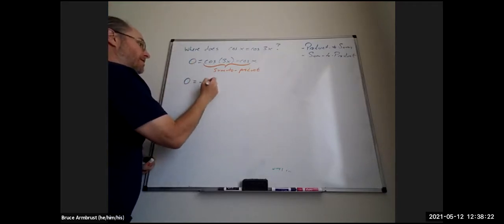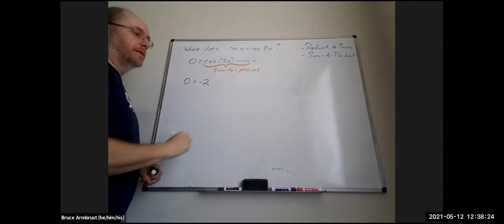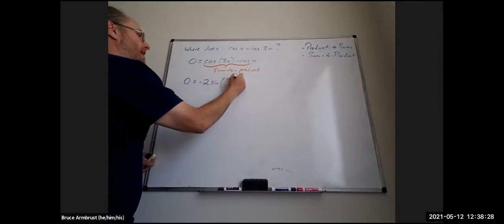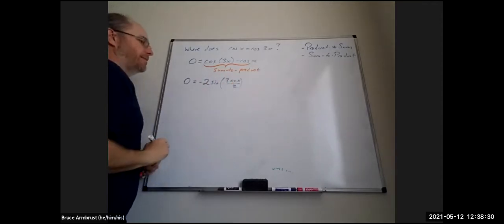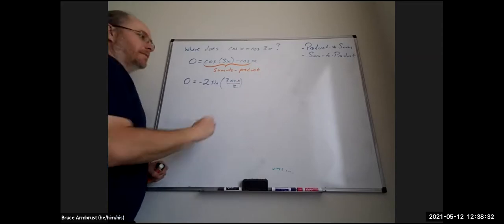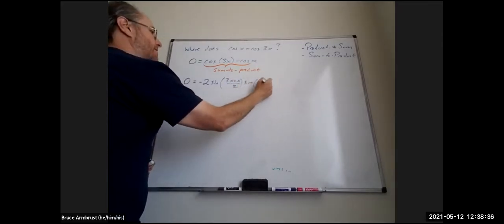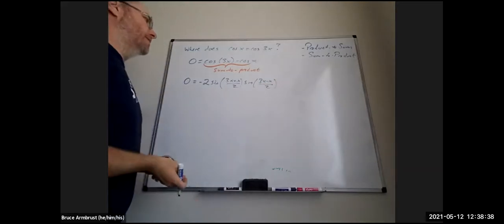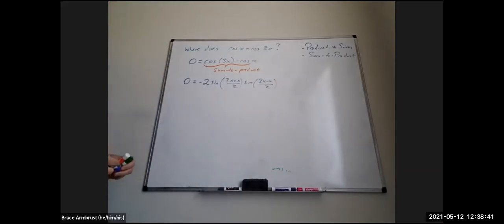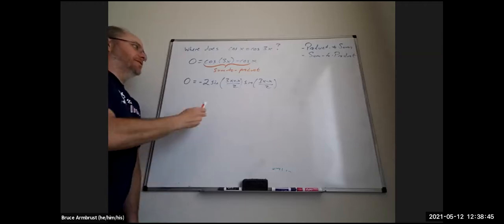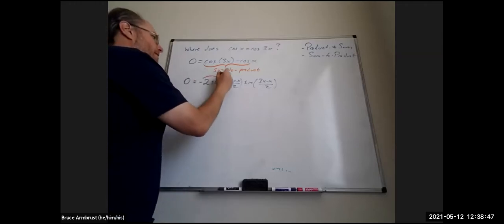It's the one that starts with -2. And then we get the sine of the sum of the angles divided by 2, and the sine of the difference in angles divided by 2. So this was just the sum to product identity.